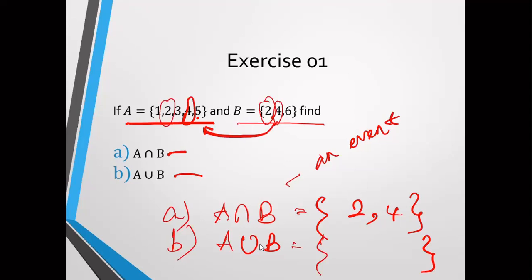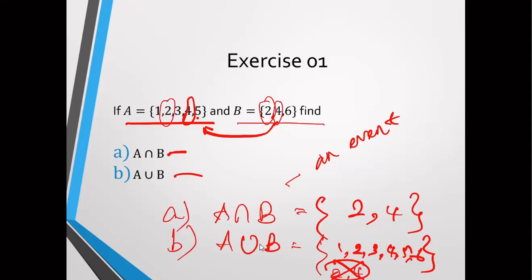What is the next one? 6. So 1, 2, 3, 4, 5, 6. We do not write 4 and 2 again. We are not writing common elements now, we are writing all the elements.